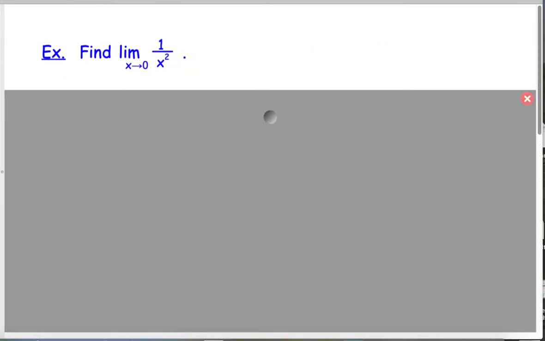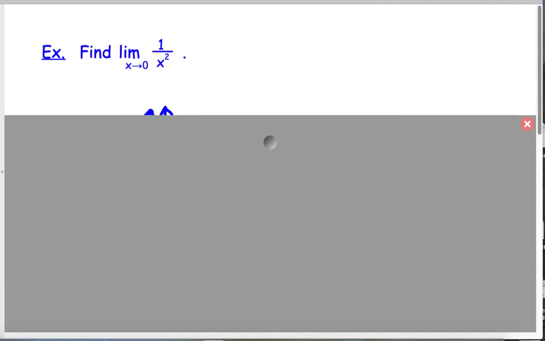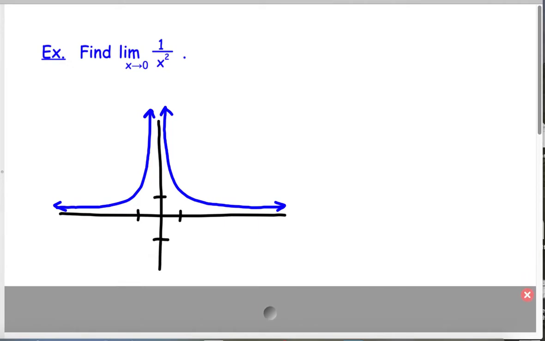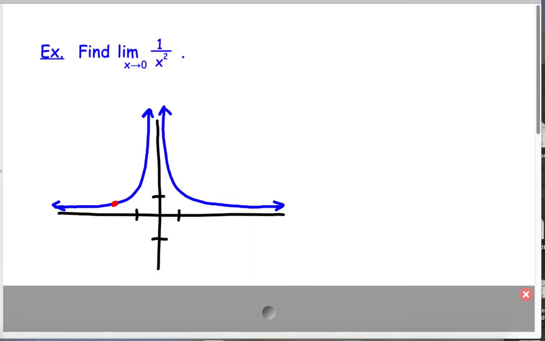All right, a couple more examples. What's the limit as x approaches 0 of 1 over x squared? Well, that's the graph of 1 over x squared. So now as I'm approaching 0 from the left side, you can see that it's going up and up and up, and it keeps going up to infinity. And if I'm approaching from the right side, it's also going up to infinity.